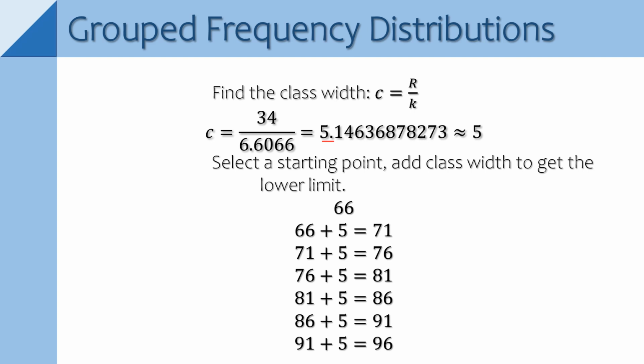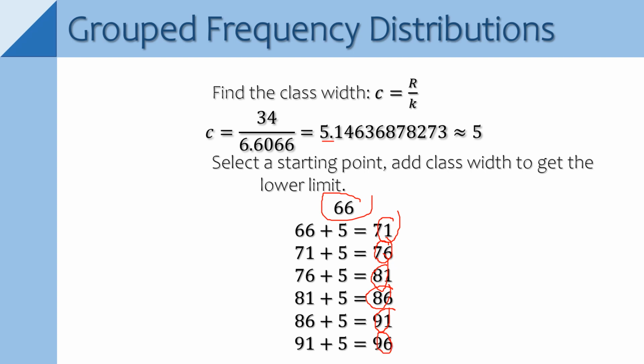So when will we stop in adding the class width? Kailan tayo mag-stop sa pagkuha ng lower limit? Kapag nakuha na natin yung number of classes. Ilan ba yung number of classes? 7. So, bilangin natin. So, you have 1, 2, 3, 4, 5, 6, 7.